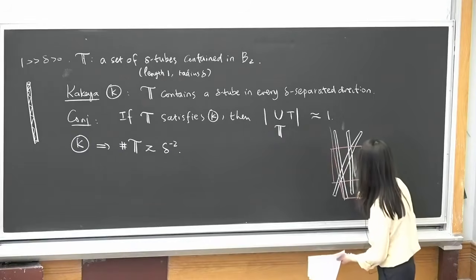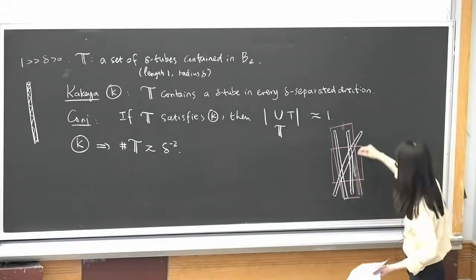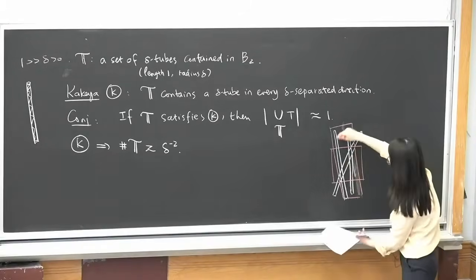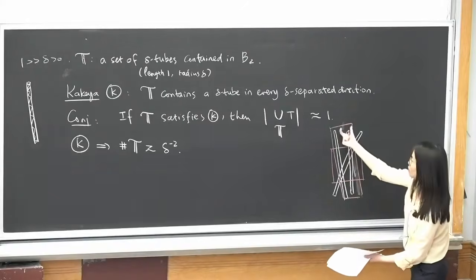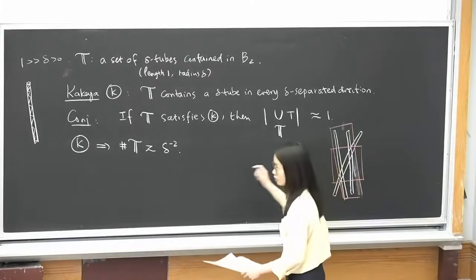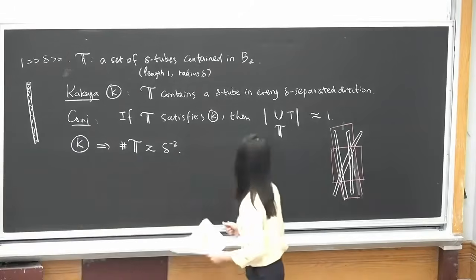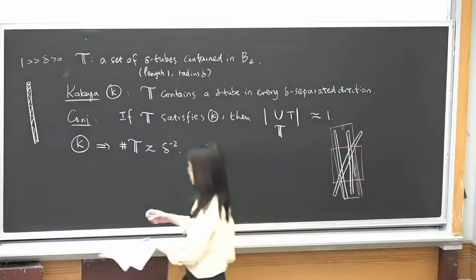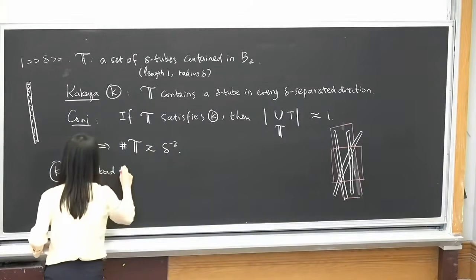It's the same issue for thick tubes. If we make the box longer, there is no reason why it should contain a delta tube in every delta separated direction within this red box. This is in particular false for a non-sticky set. Here the tubes are sparse, and within each thick tube there are not too many thin tubes. So the issue is that the Kakeya assumption is bad for induction.